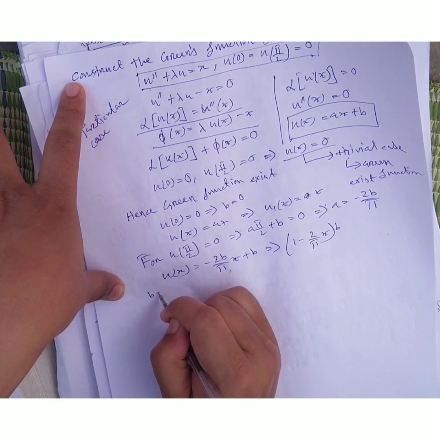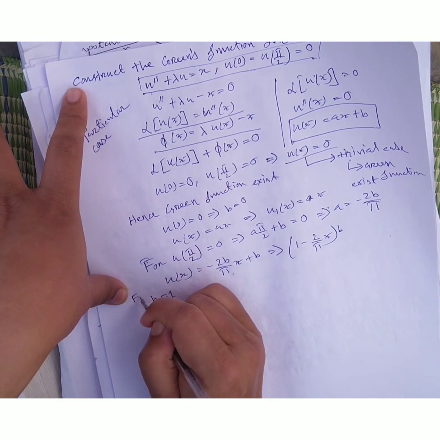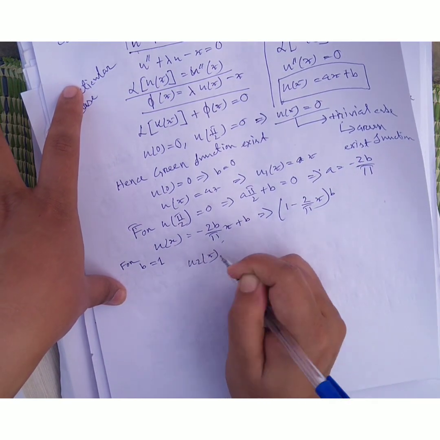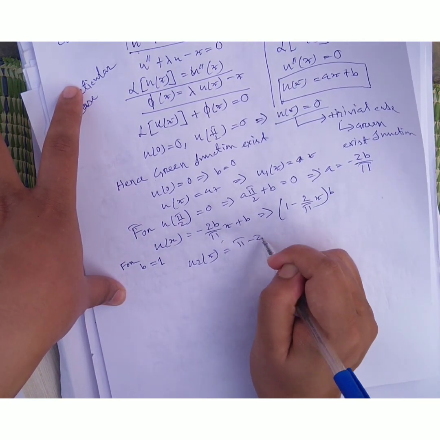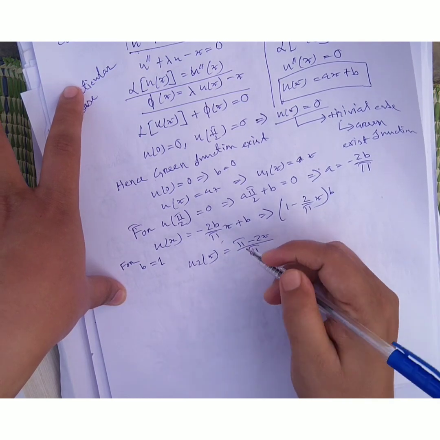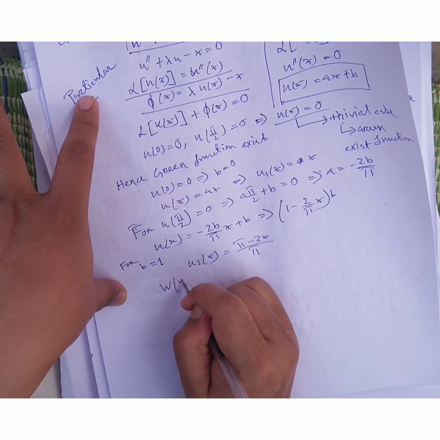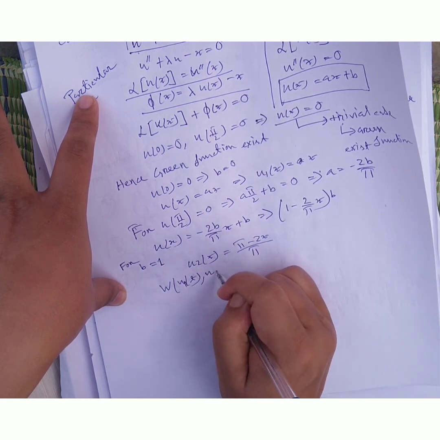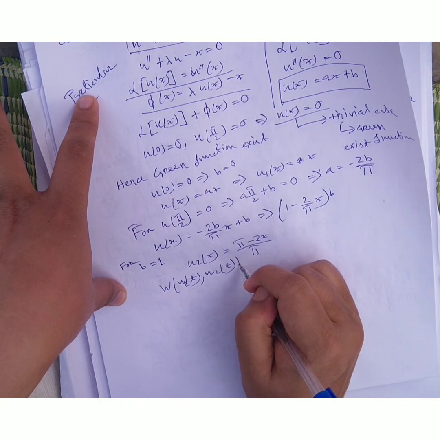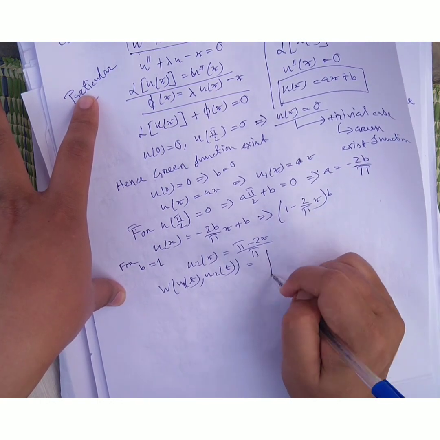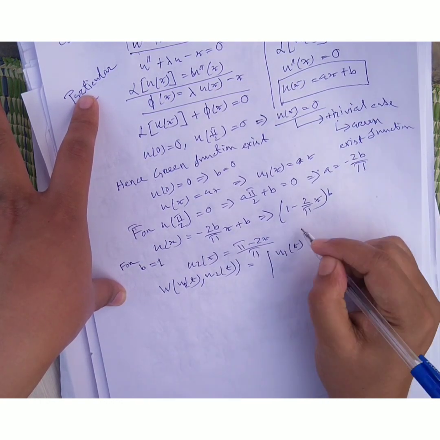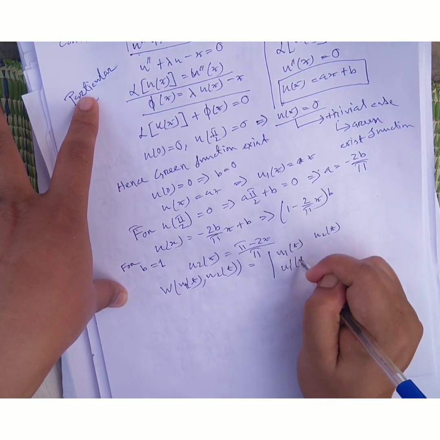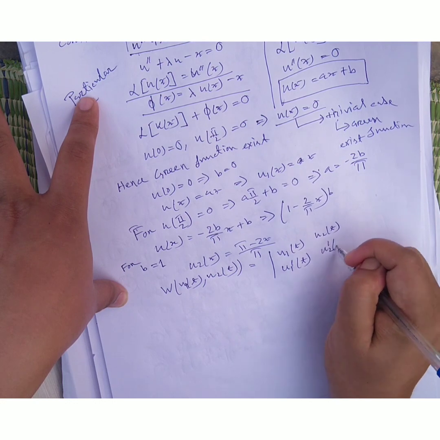In case b is equal to 1, u2 x is equal to pi minus 2x divided by pi. Another is W, the determinant of u1 t and u2 t, u1 dash t and u2 dash t.